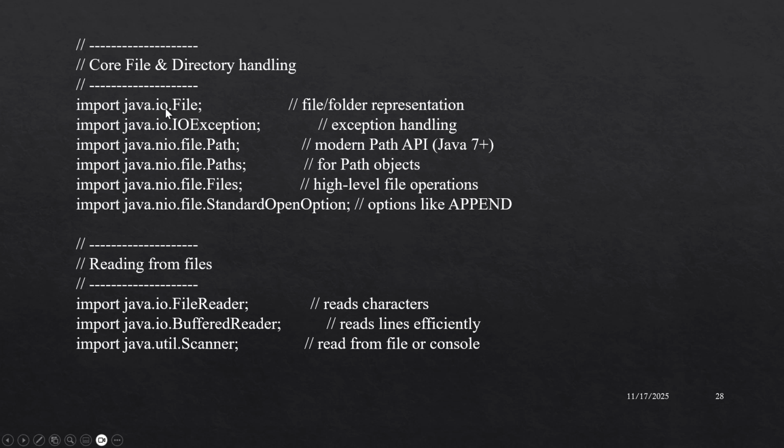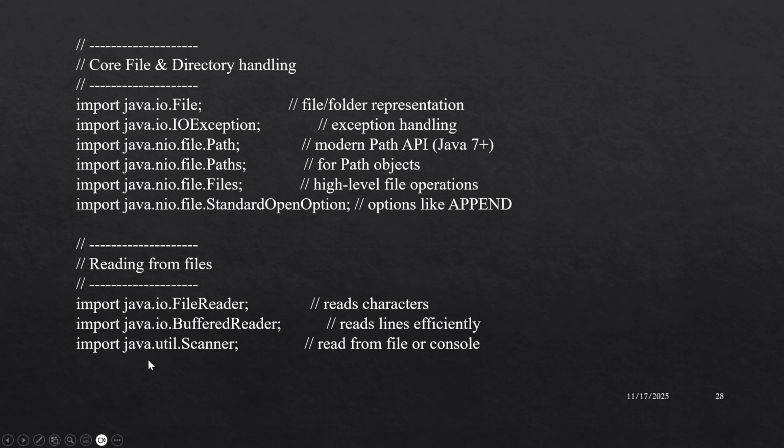IO means input output, and I also used NIO, which is new input output, but for now only understand this. File is a class, and other classes I can show are Files, FileReader, BufferedReader, and Scanner, which are also classes, and java.util, which is a package.